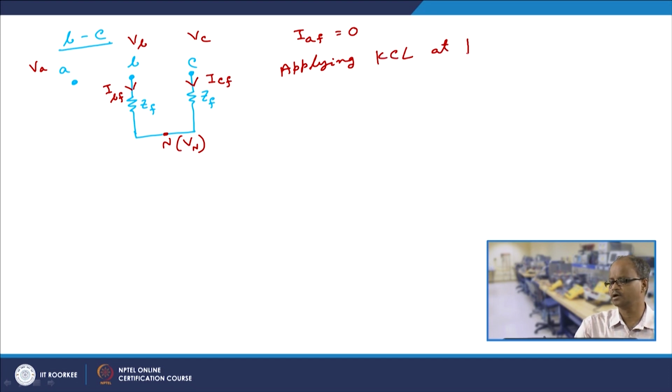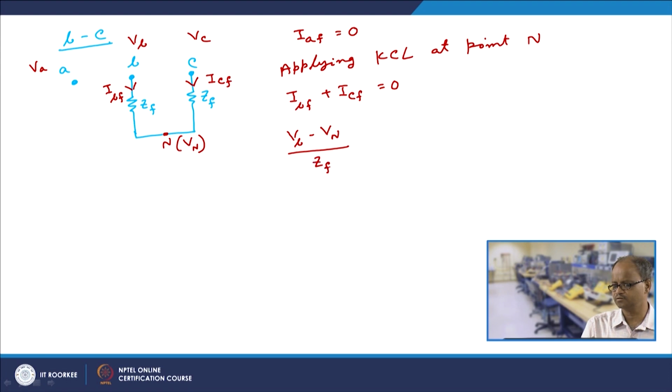IBF is VB minus Vn by ZF, plus VC minus Vn by ZF, equal to 0.